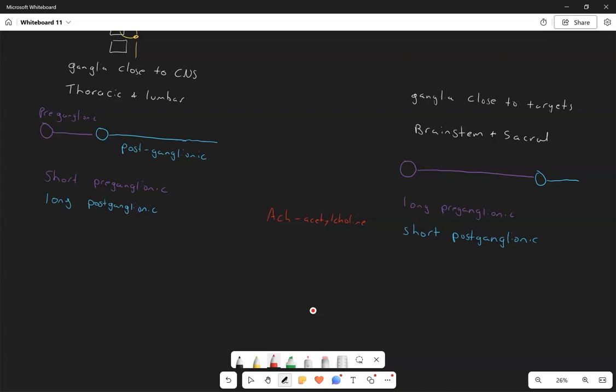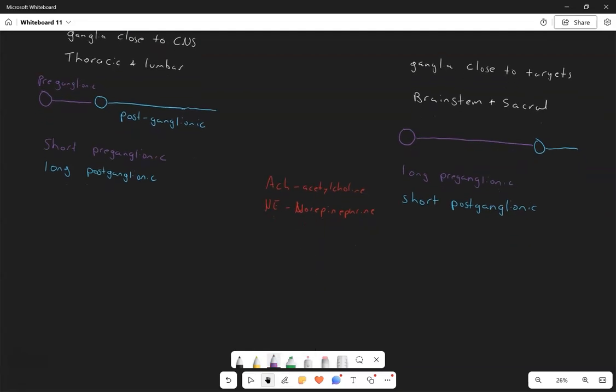And then we will talk about norepinephrine, which is abbreviated NE. Now, remember, if there's a neurotransmitter, there has to be a receptor for that neurotransmitter.